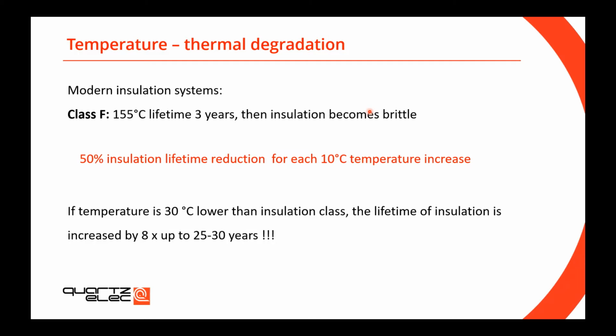And then the insulation becomes brittle. What we also know, based on that red sentence, is that if the temperature is 30 degrees lower, then we can extend the lifetime of the insulation by around 25 to 30 years.